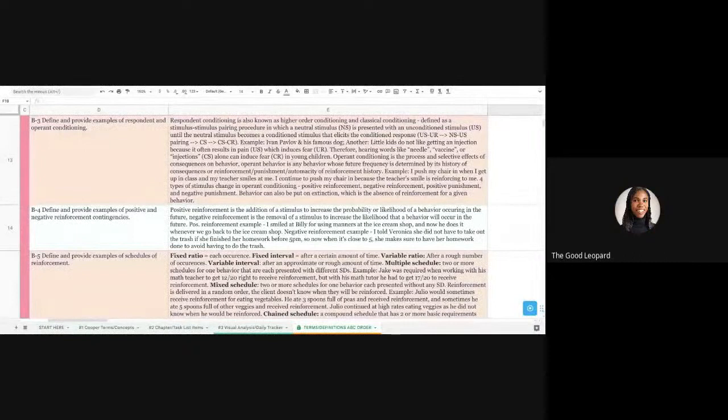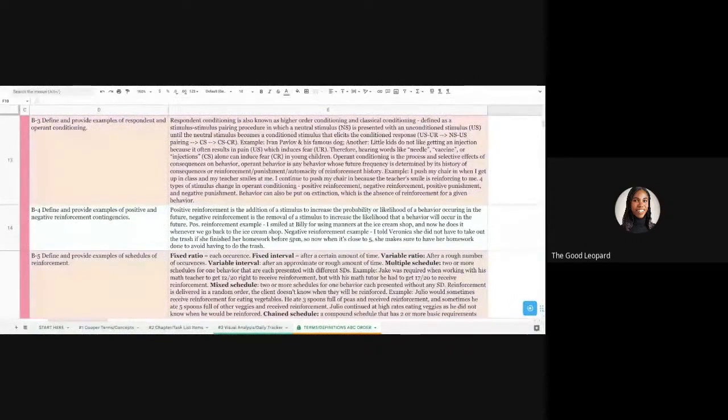Okay, I'm going to go slow with this because it's hard. So we're pairing stimulus together for this. The neutral stimulus is presented with an unconditioned stimulus.